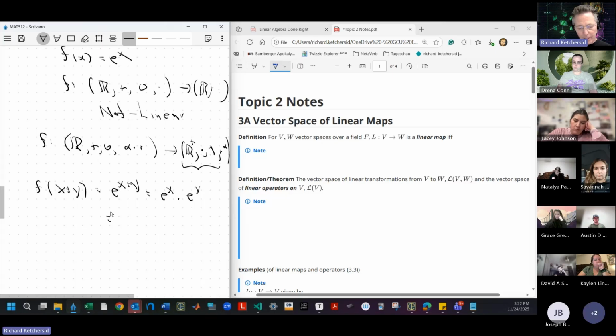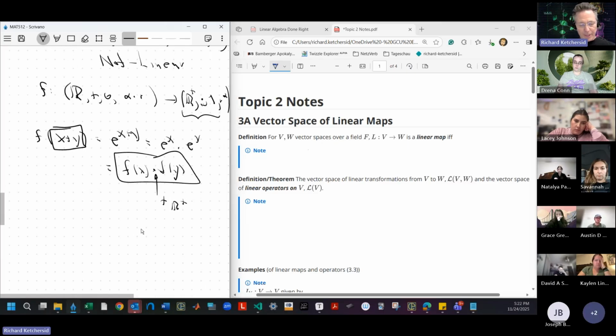And that is f of x times f of y, but this is the plus on this side, so it's the plus of that vector space over there. So it does satisfy that. It takes this thing and moves it to that thing, but this is really the plus of this funny vector space.